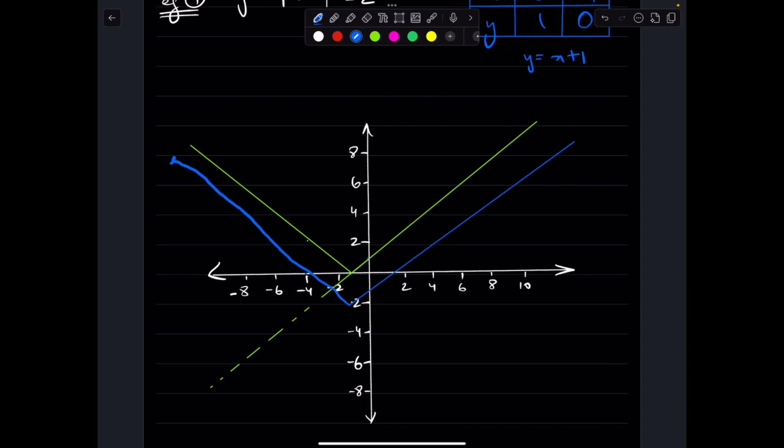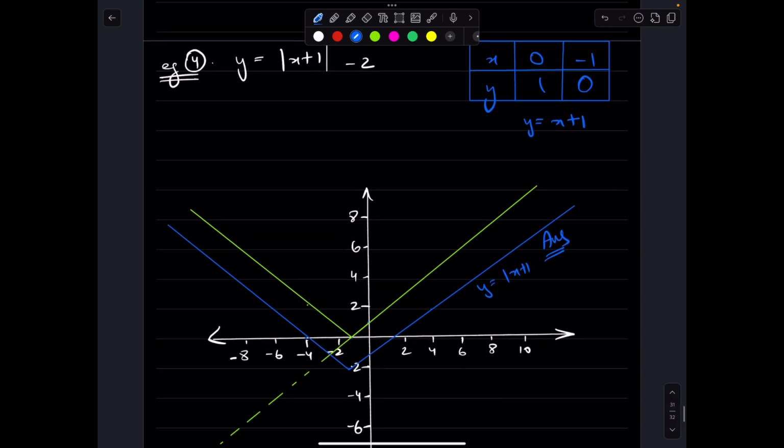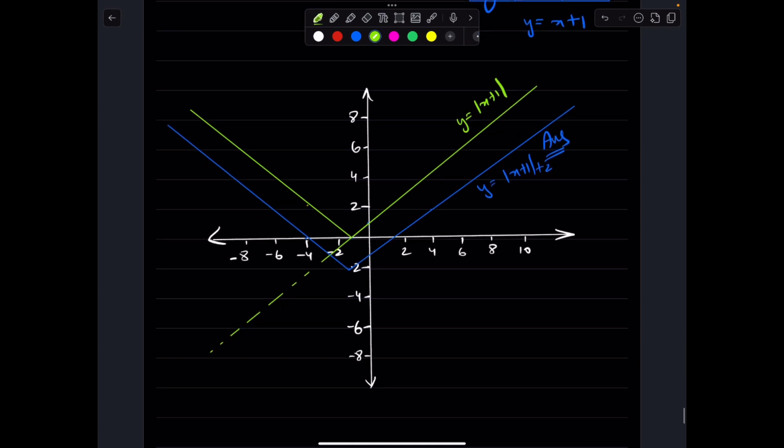And again, the final step is to label the graph. This graph is the final graph, so labeled as answer and also as y equals modulus of x plus 1 minus 2. And the yellow graph would be labeled as y equals modulus of x plus 1. This graph would be labeled as y equals x. And this is one of the easiest chapters there can be.